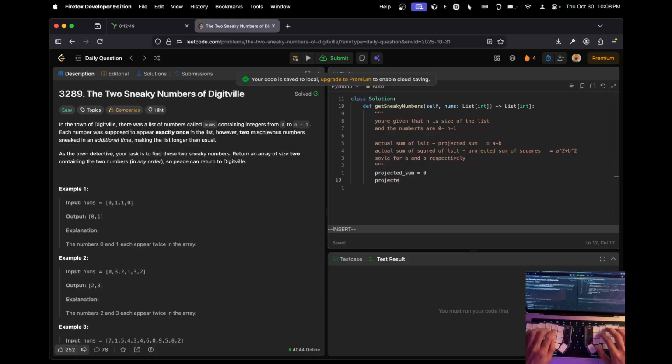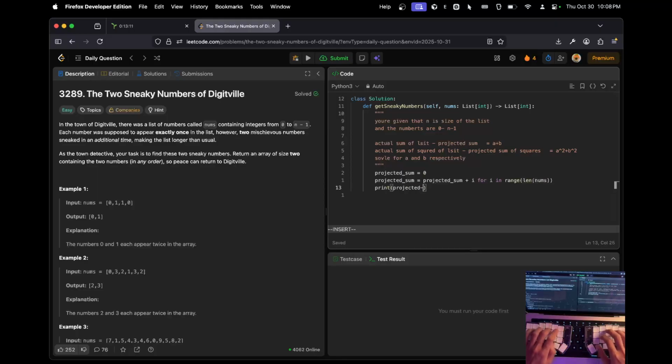That's your initializer. And this is going to be equal to projected sum plus i for i in range length of the nums.